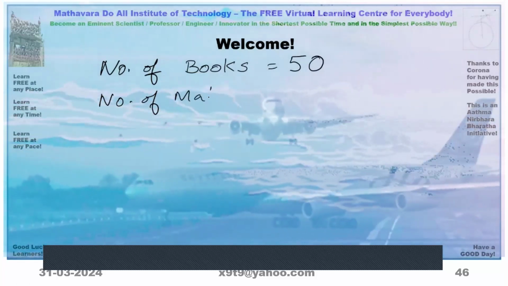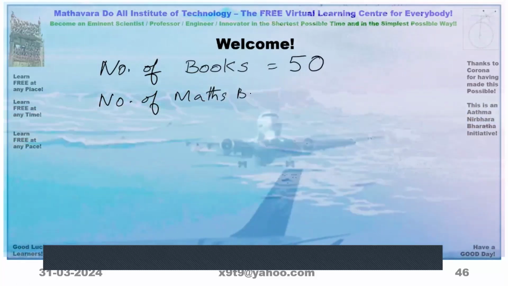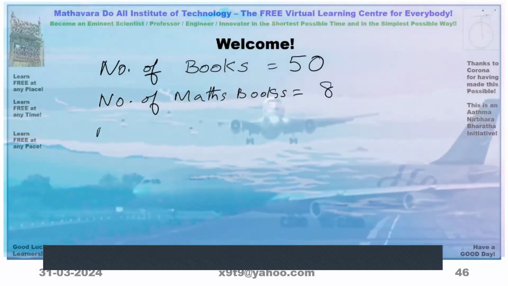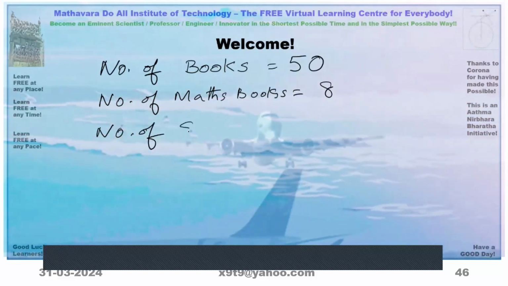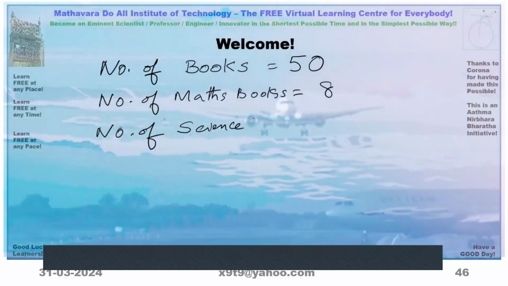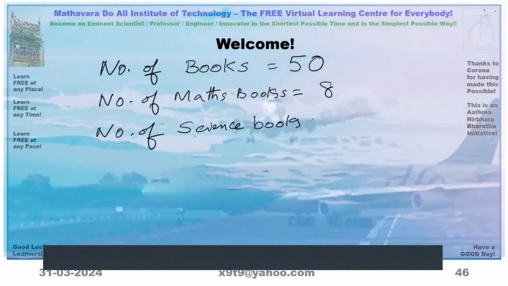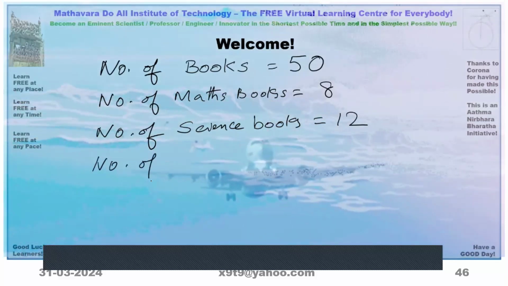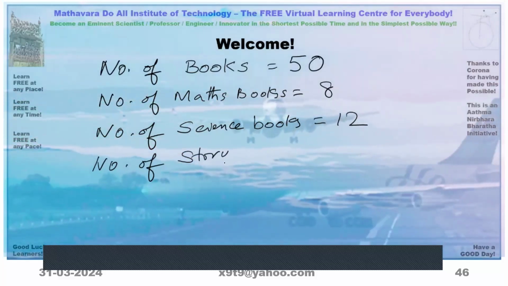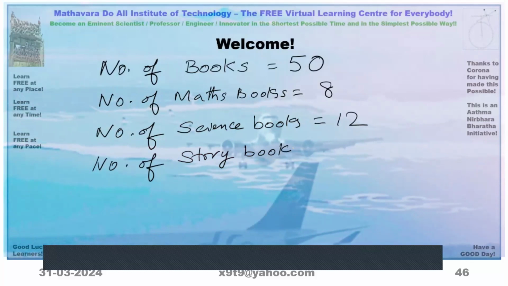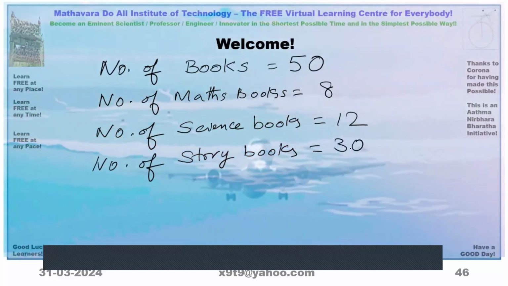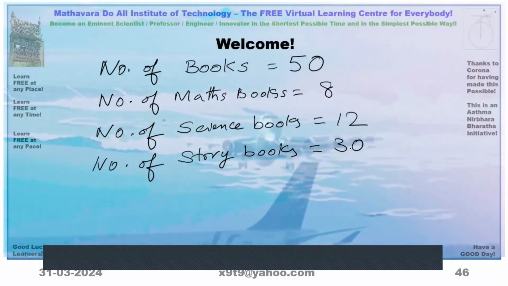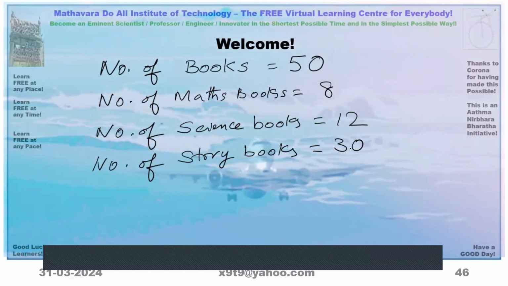Number of maths books 8. Number of science books 12. Number of story books 30. Find what is the ratio of number of maths books to number of science books.